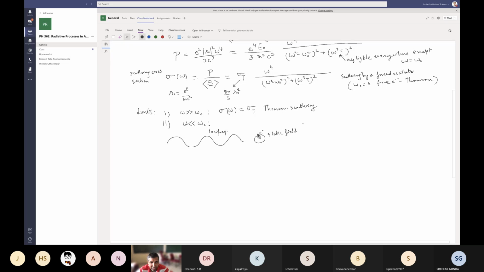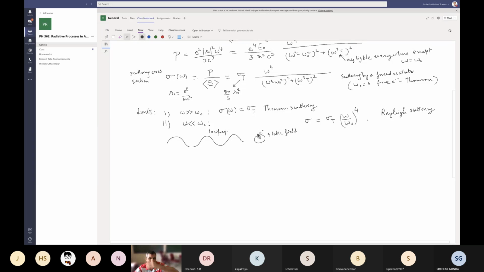So if you look at this expression, sigma is equal to sigma t times (omega by omega naught) to the 4. Again, we are not close to the resonance, not close to omega equals omega naught. In this case, this is Rayleigh scattering, which is because of scattering due to electrons bound within molecules.